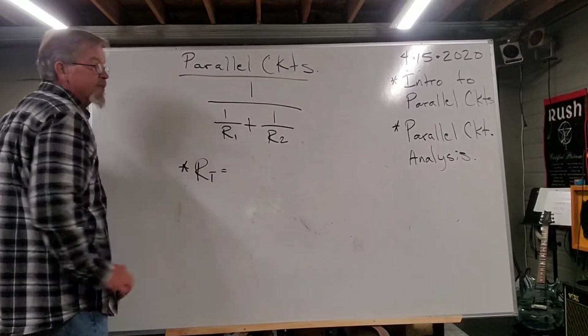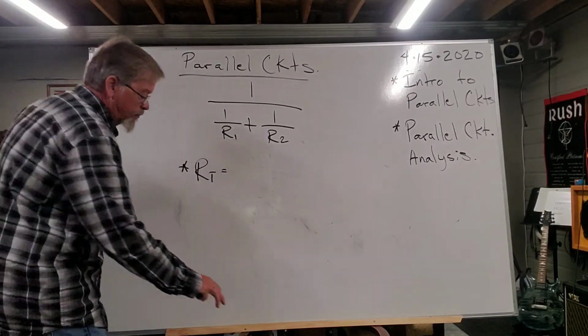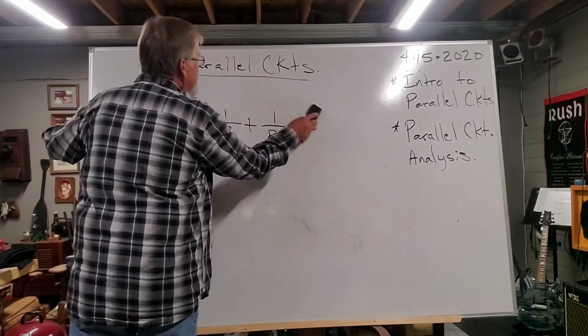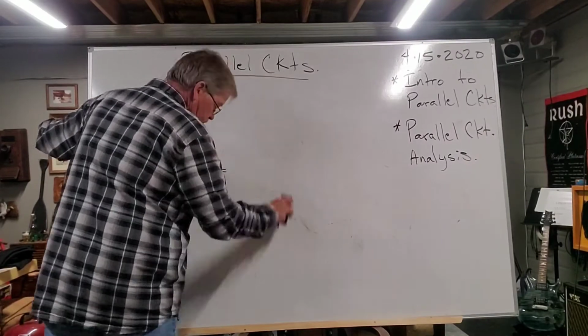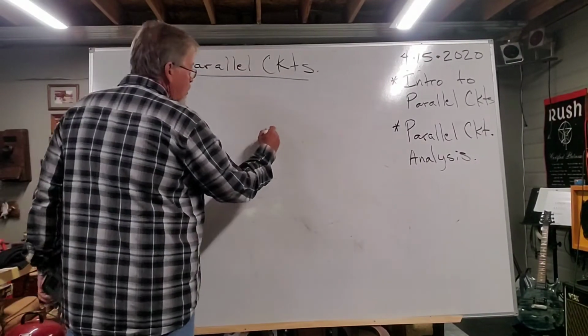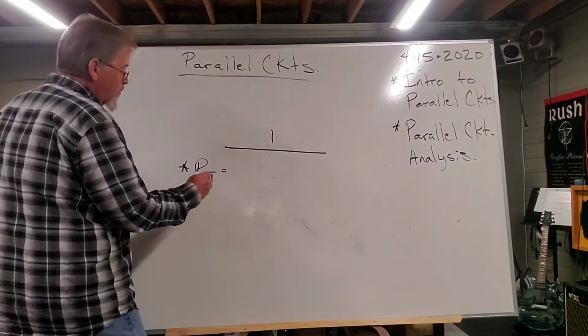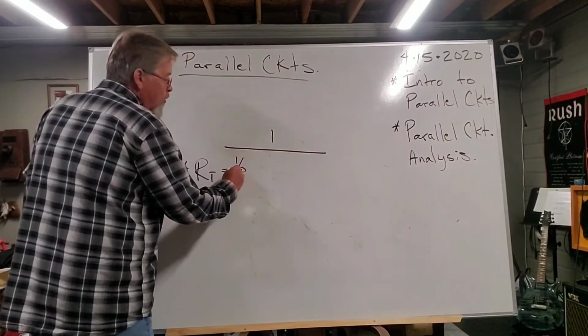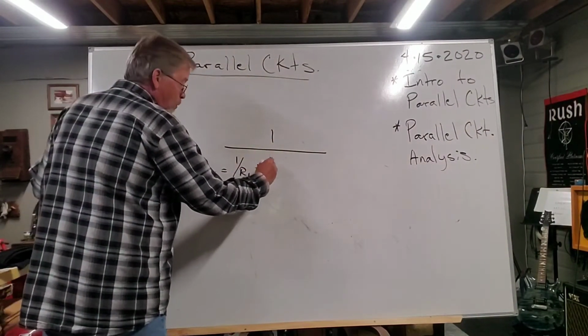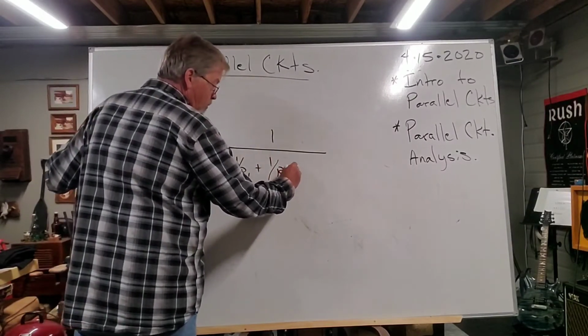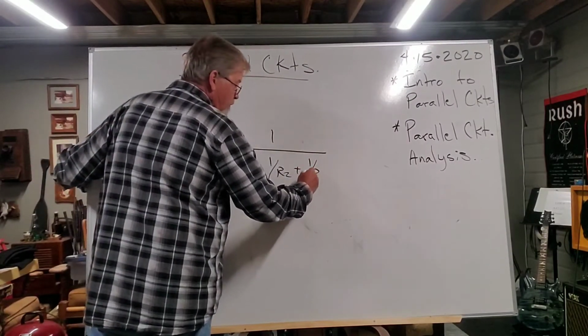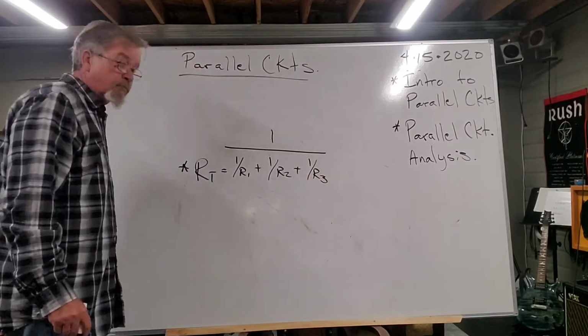Total resistance is equal to 1 over R1 plus 1 over R2 plus 1 over R3.